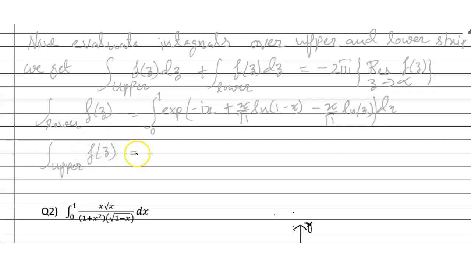The integration of f(z) dz is equal to the integral from 0 to 1 of minus exponential of minus i x plus x by pi ln(1 minus x) plus 2 pi i, ln minus x plus 2 pi i, minus x by pi ln x dx.